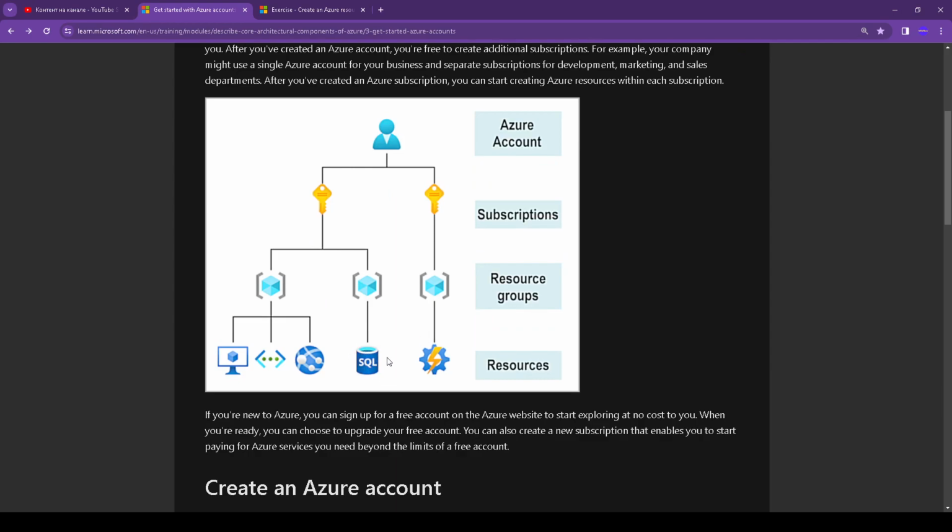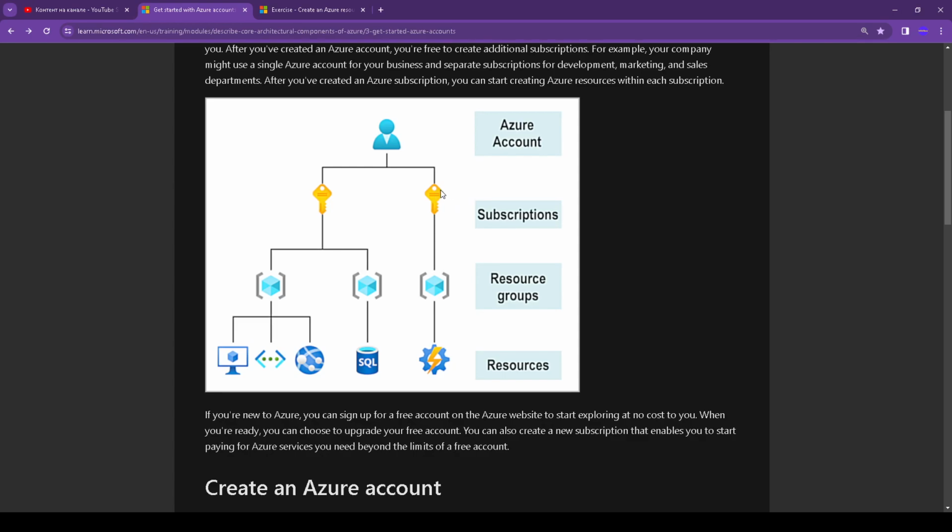Any VM, SQL database, function, or something else is a resource. Networks also. Resources are in resource groups, and resource groups are in a subscription.